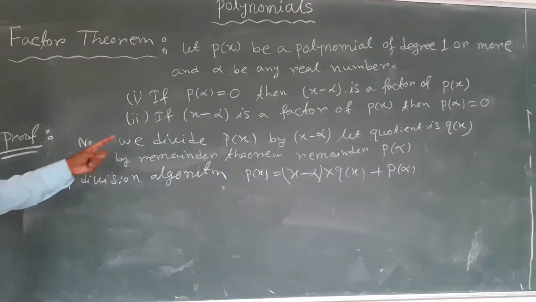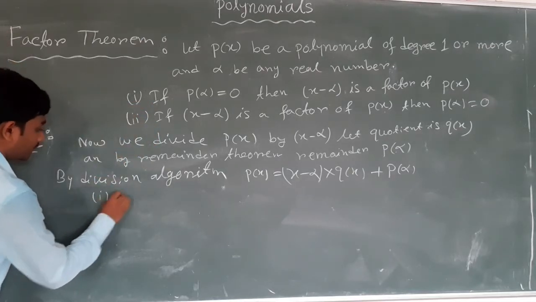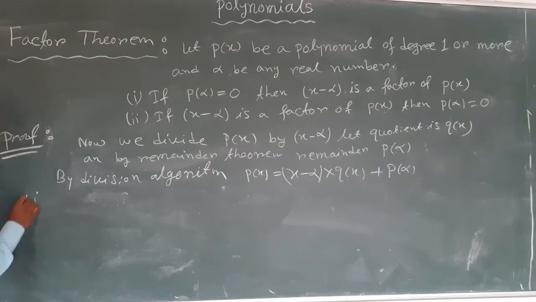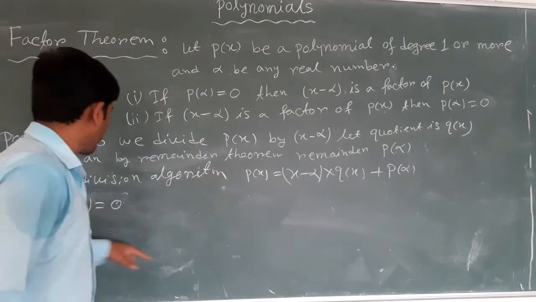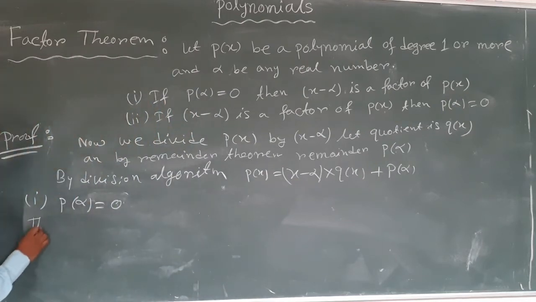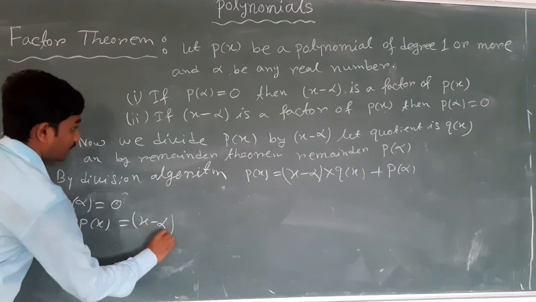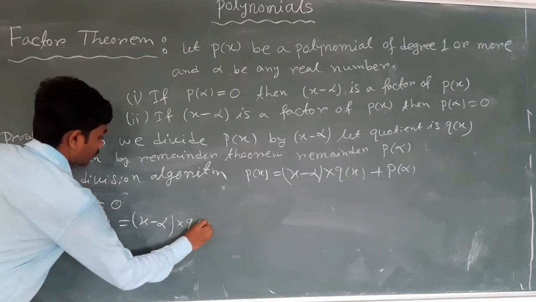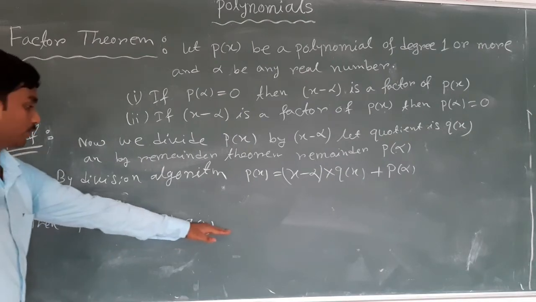So we prove the first case. It is given that p(alpha) is equal to 0. So we put the value of p(alpha) in this equation. Then p(x) will be x minus alpha into q(x). Hence the remainder becomes 0.